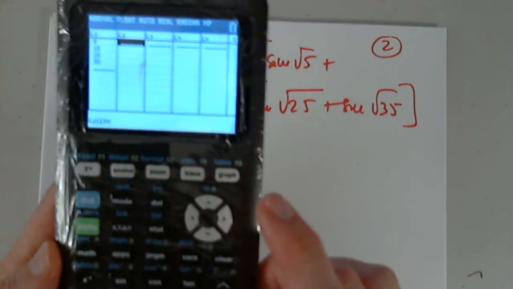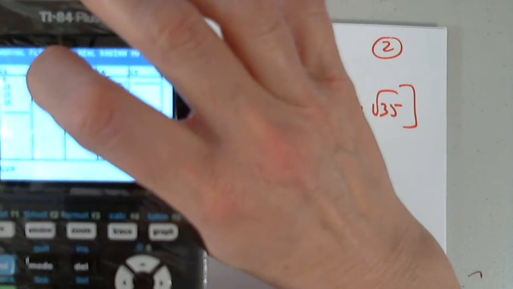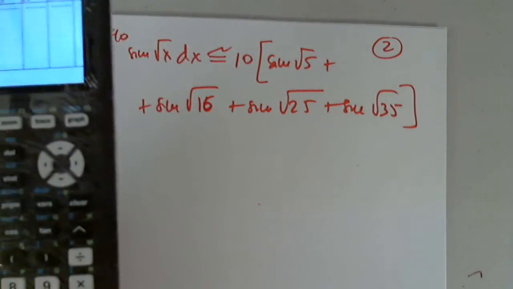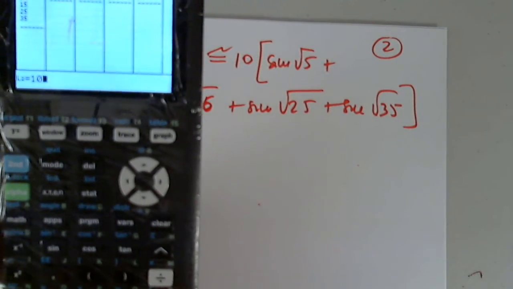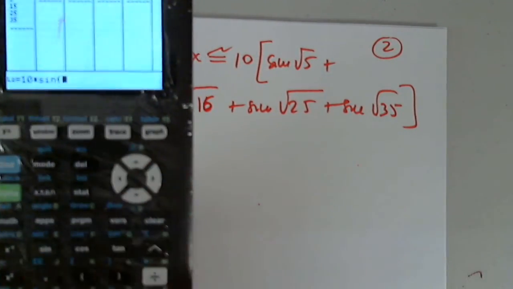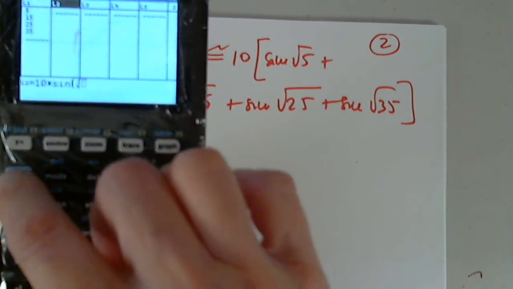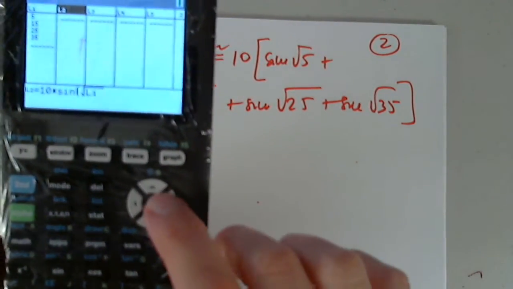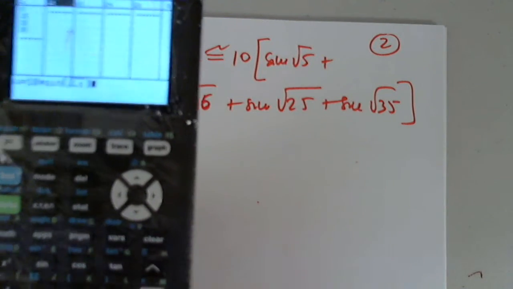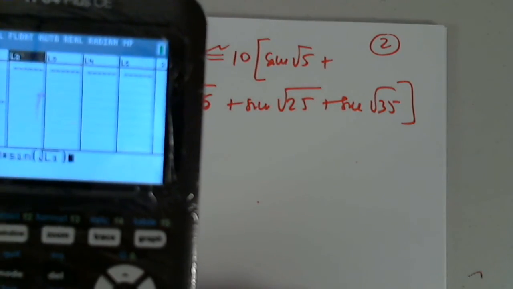Then I go to list L2, but highlight the name of the list. And once you highlight it, just put 10 multiplied by sine of the square root of list L1. Don't forget to come out of the square root and close the parenthesis.